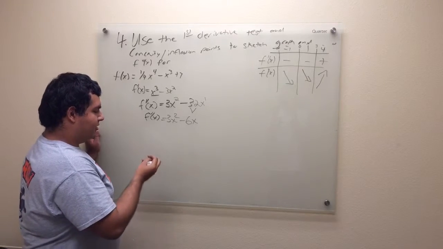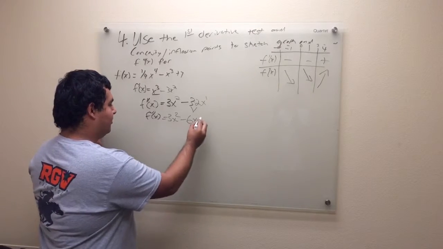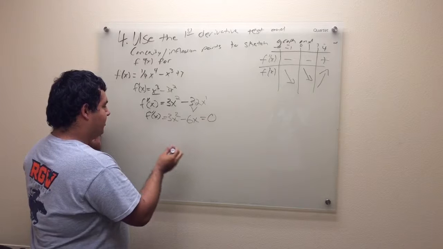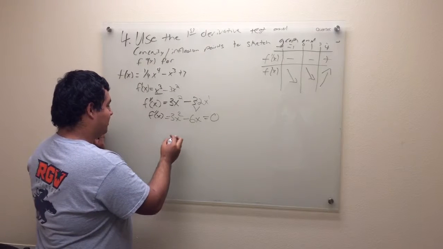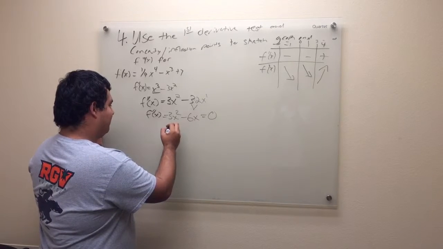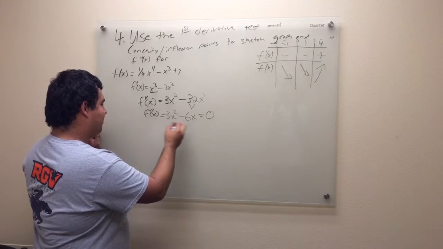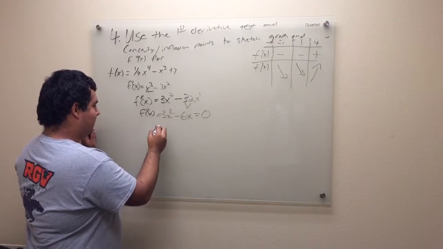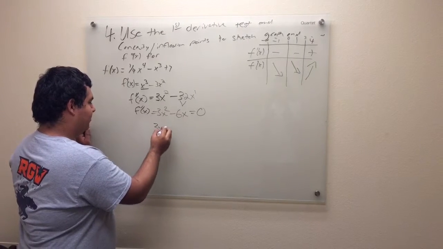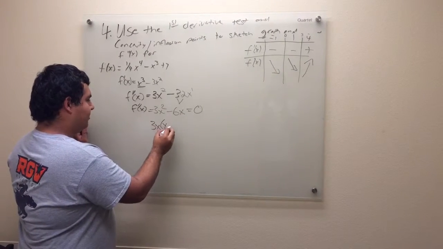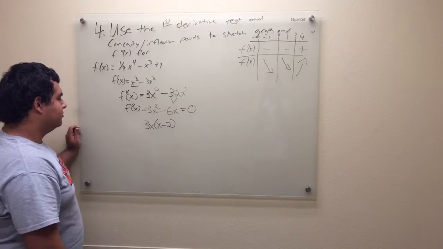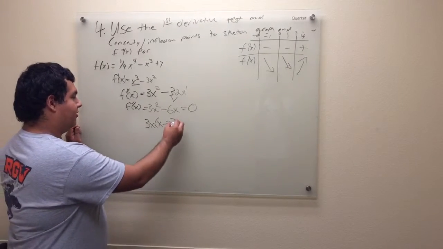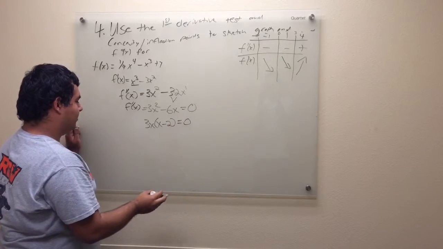So to find the inflection points, set it equal to 0. So you could find the zeros of it. Here you could factor out a 3 and an x, which would leave you x minus 2. Set it to 0.